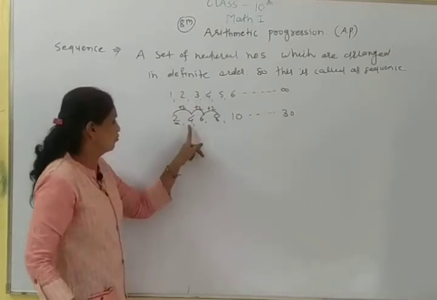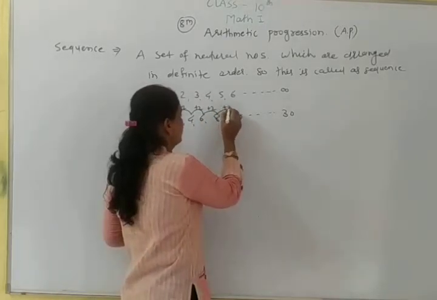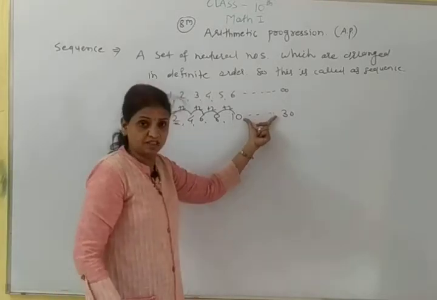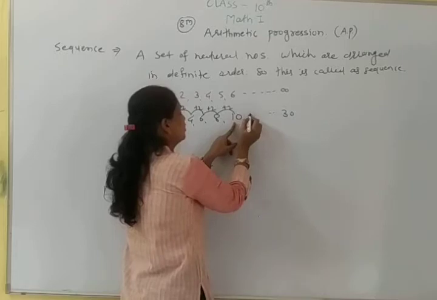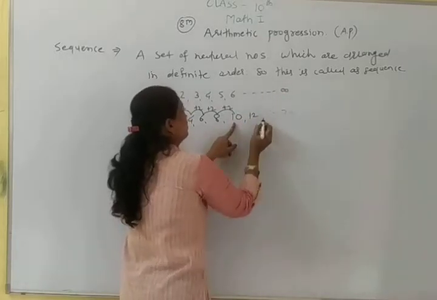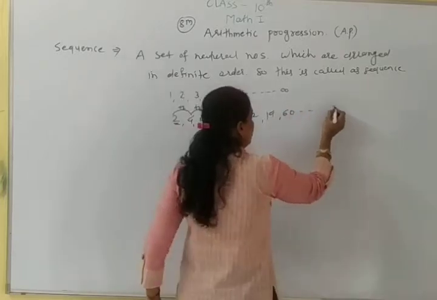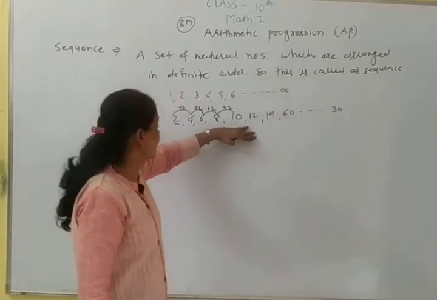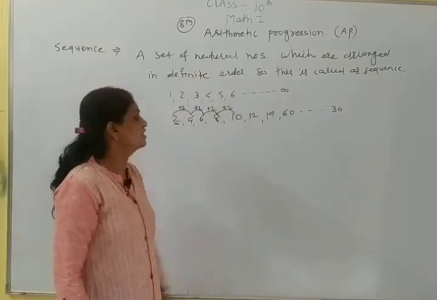So, 2 plus 2 is 4, 4 plus 2 is 6, 6 plus 2 is 8, 8 plus 2 is 10. Then we can find other numbers: 10 plus 2 is 12, 12 plus 2 is 14, 14 plus 2 is 16, up to 30. So, this is a sequence because in this set some definite rules are there.